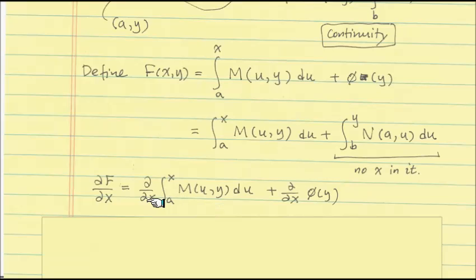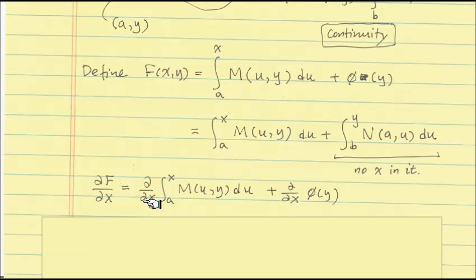This part, although it's a partial, is really a one-variable derivative where y is fixed. So differentiating, this is the area function from a constant to x. There's no other complicated variation of x in there. That's exactly the fundamental theorem of calculus.